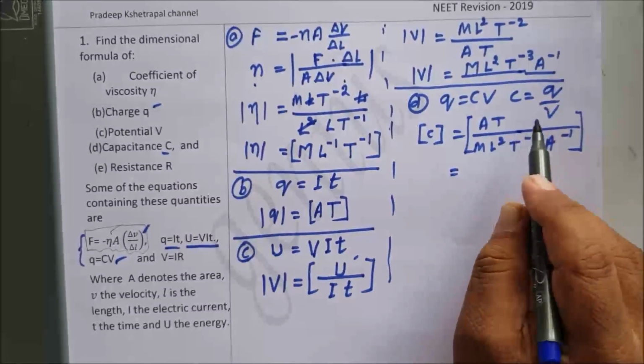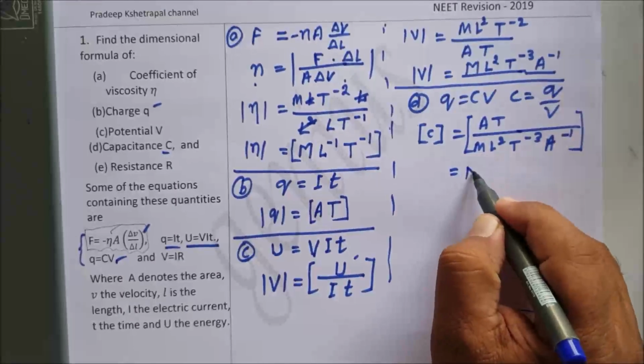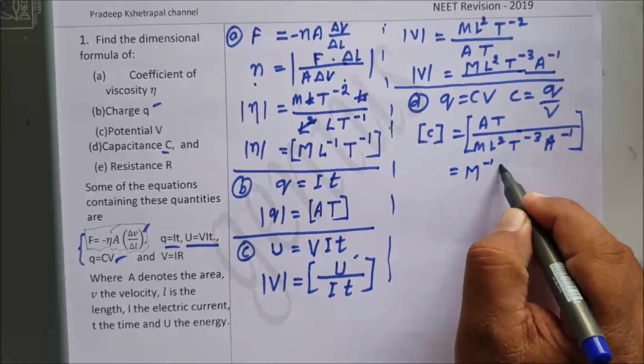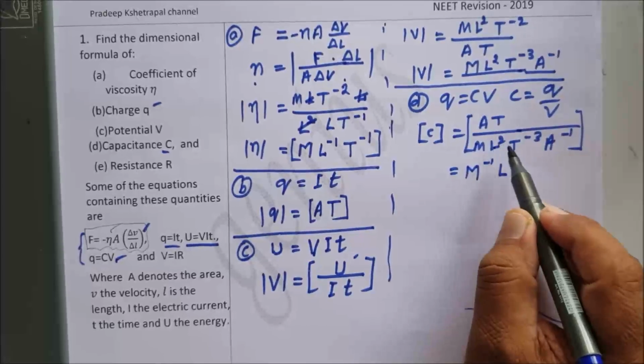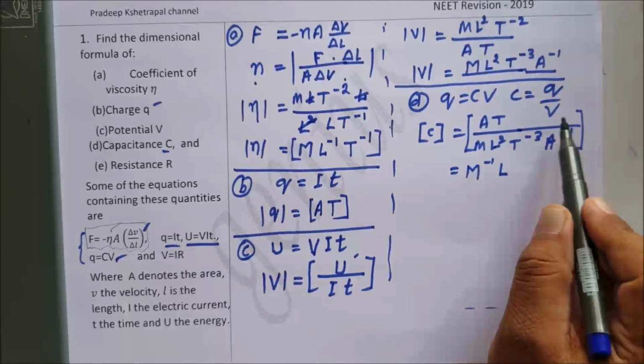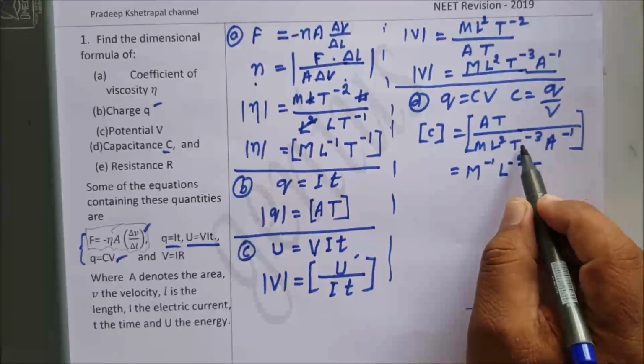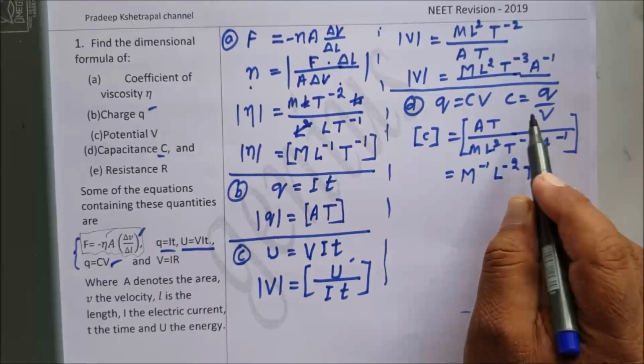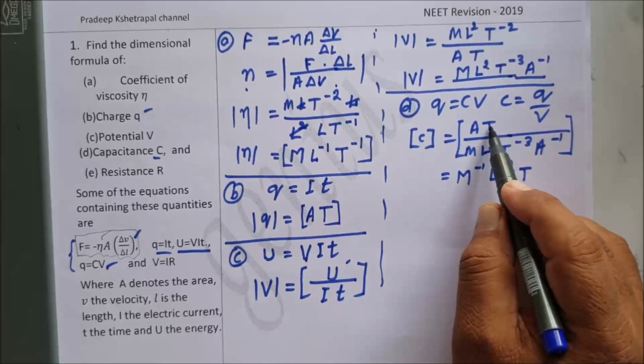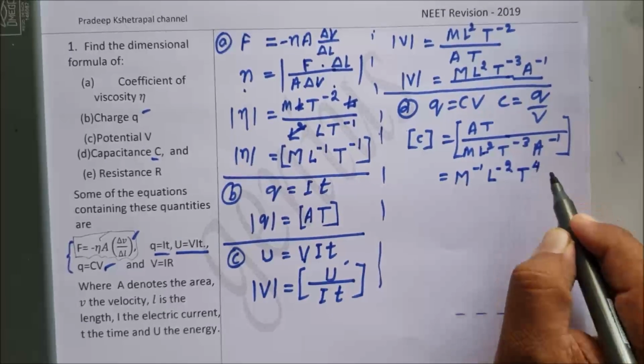When we simplify this, start with M to the power minus 1, L to the power minus 2, T to the power minus 3, which becomes plus 3 and plus 1, that is 4.